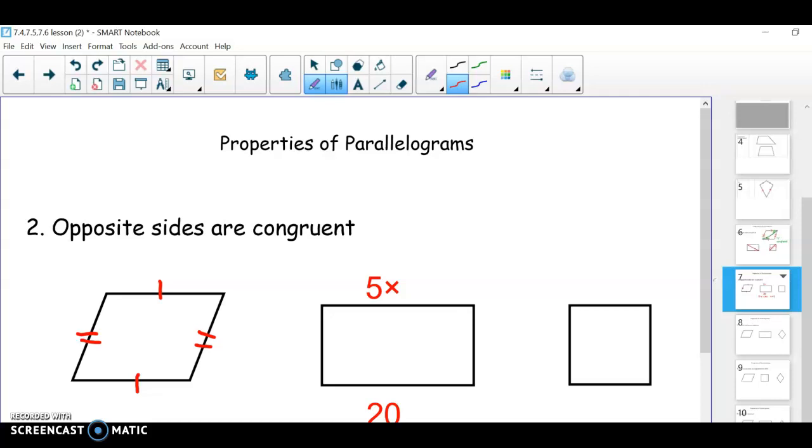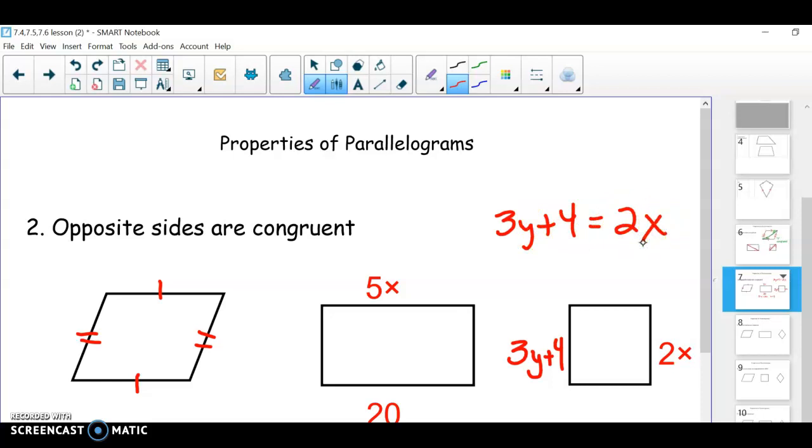Opposite sides are congruent. Same thing with a square. If I know this side is 3y plus 4, and this side over here is 2x, well, I know those are equal, but can I solve 3y plus 4 is equal to 2x?